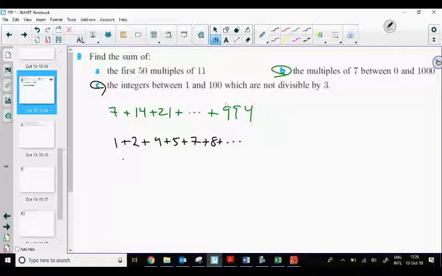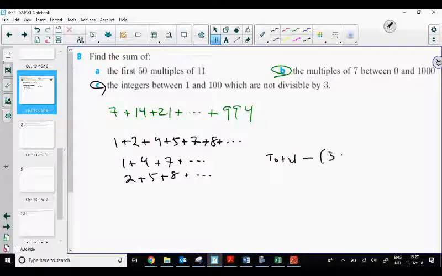We could do 1 plus 4 plus 7. That's an arithmetic series, now that I'm adding them together. And then we could add to that 2 plus 5 plus 8. That would be acceptable. Or we could do the total sum of all the numbers from 1 to 100, and then just subtract from that the multiples of 3. Either of those will certainly work out the same.